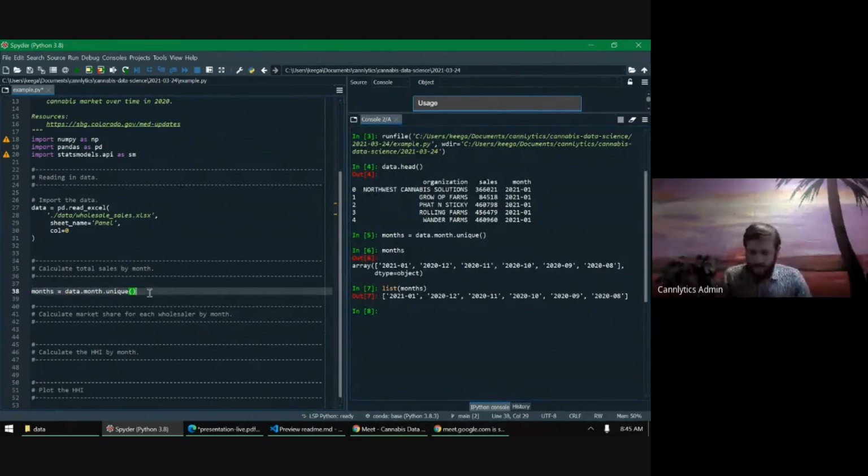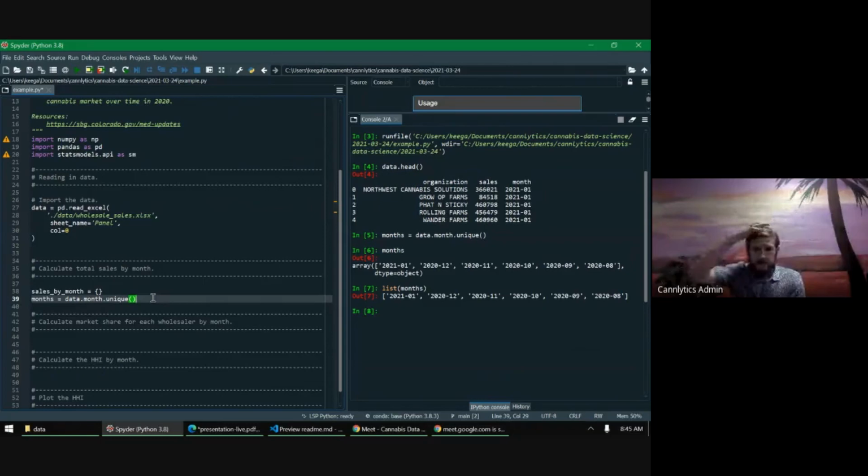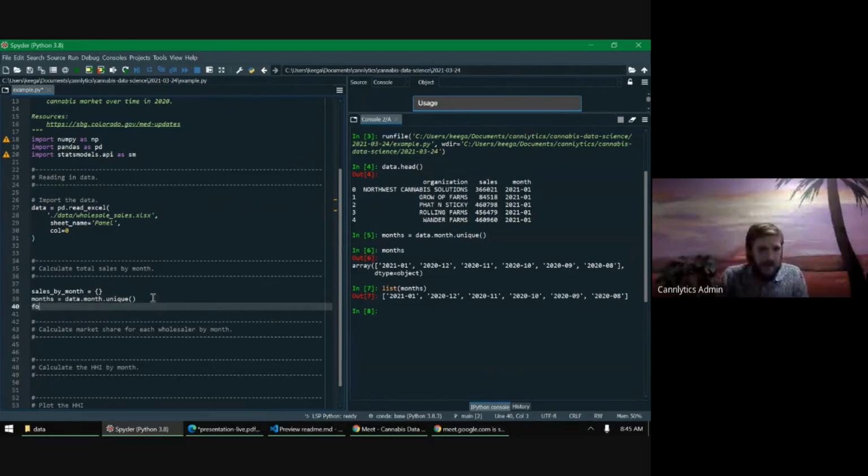So let's just start hacking at this. I guess we just need sales by month. There's probably more elegant ways to do this, but let's just get it done to begin with.